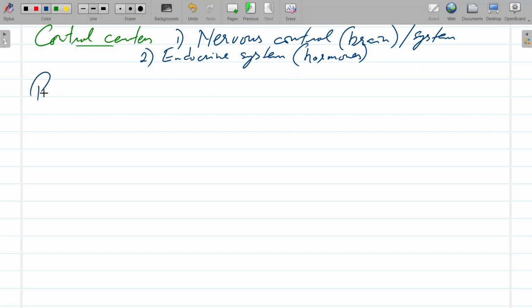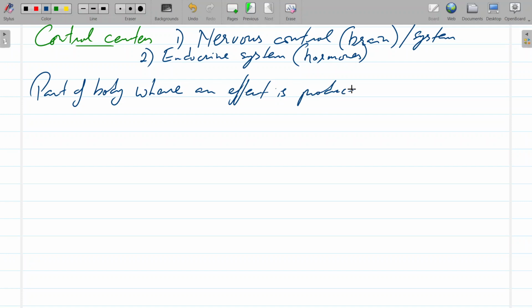The part of the body where an effect is produced is called an effector, whether that effect is being produced by the nervous system or the endocrine system.